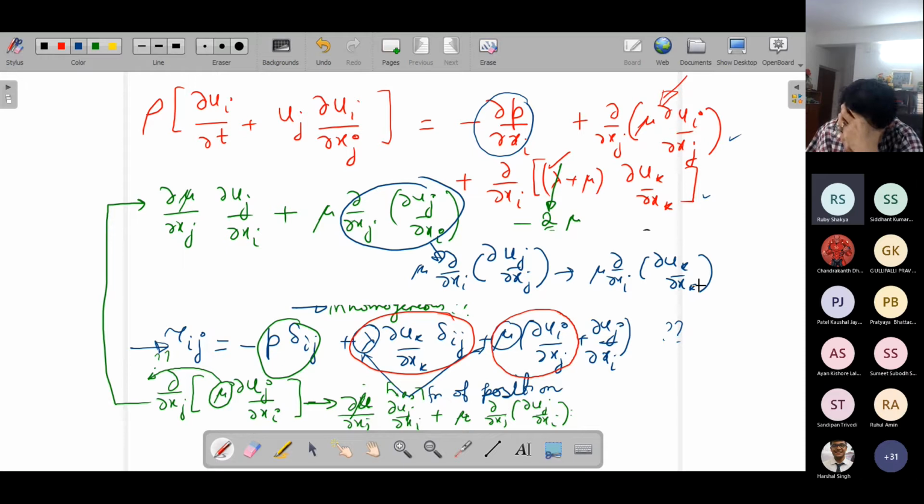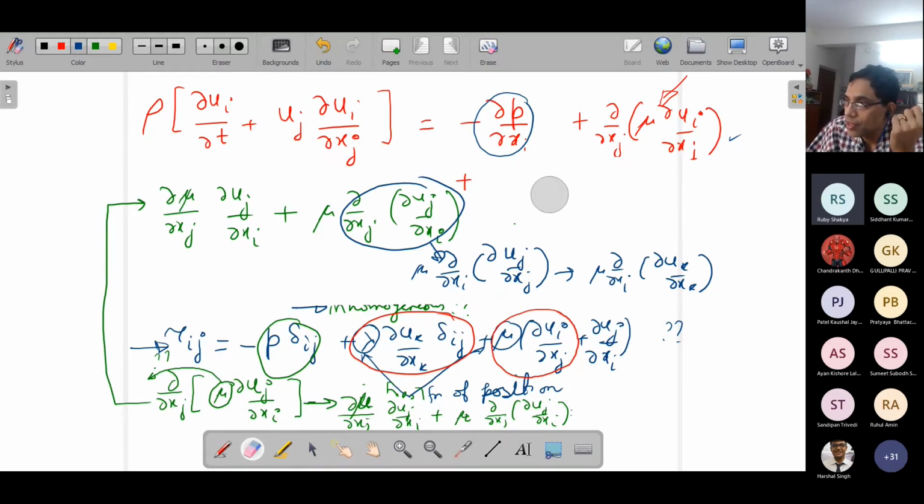So for inhomogeneous, let me just replace this last term with these terms that we have just come across. So this term will remain, and this will remain, lambda term will remain.